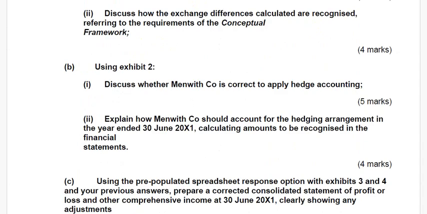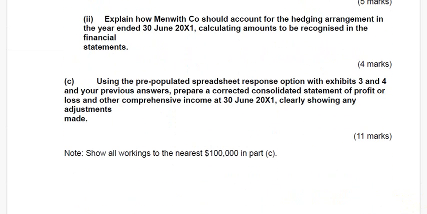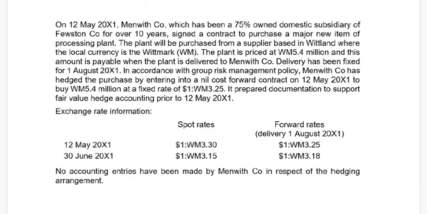So that brings us to the end of B2. Still under exhibit, so we're done with the exhibits. Exhibit 2, we are done.